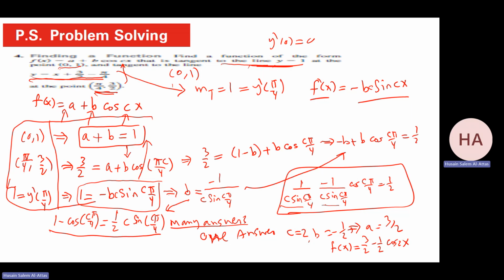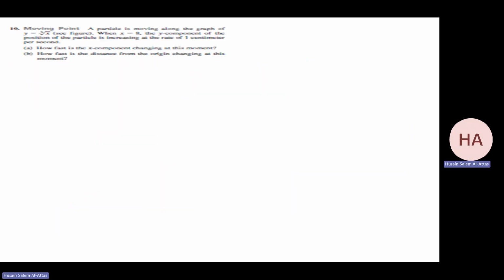But the function is very complicated. The calculation is something else. Now let me finish with number 10, which is about 3.7. Yeah, very easy, not that difficult.